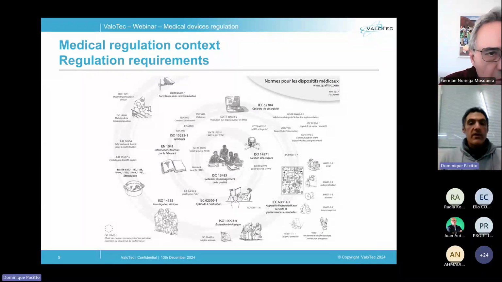When you are considering the medical device regulation, there are several standards that are commonly used.